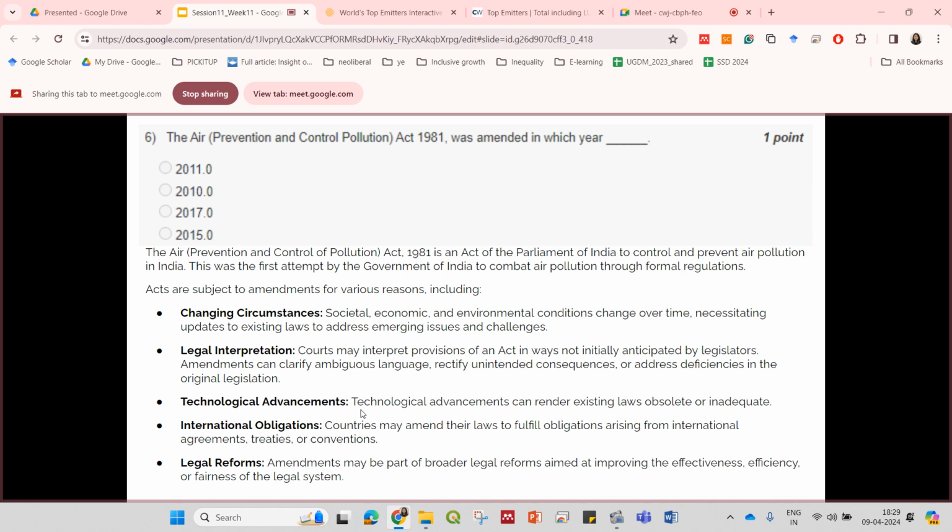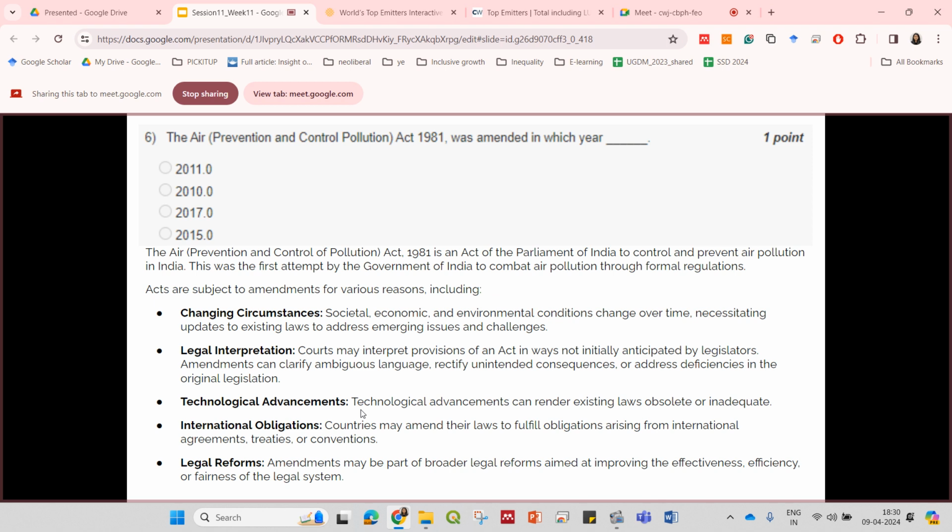So what can be the reasons? First can be changing circumstances. Societal, economic, and environmental conditions may have changed over time, and because of that, it is necessary to update certain existing laws to address these emerging issues and challenges. Because of this, an amendment in an act can happen.